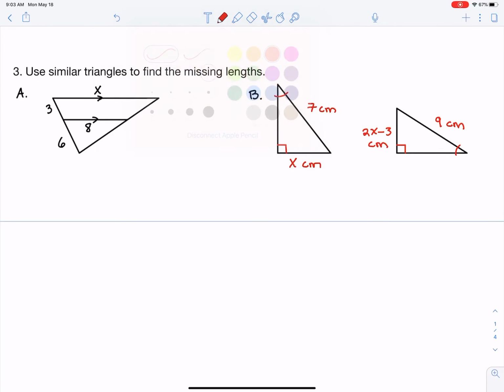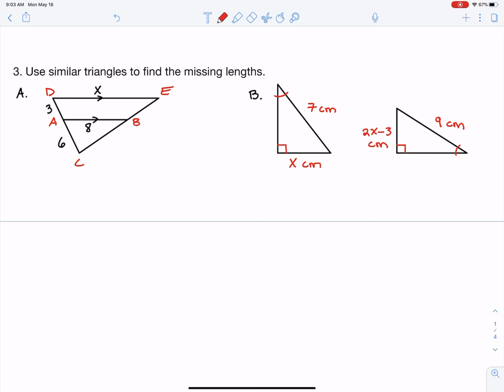Okay, so in the first triangle, I'm going to put in some labels here, and then maybe I'll erase them, I don't know. I'm going to call this triangle right here A, B, C, and then the big triangle would be DEC. So let's just make sure that triangle ABC is similar to DEC. Again, we don't have to, but let's just confirm it for ourselves.